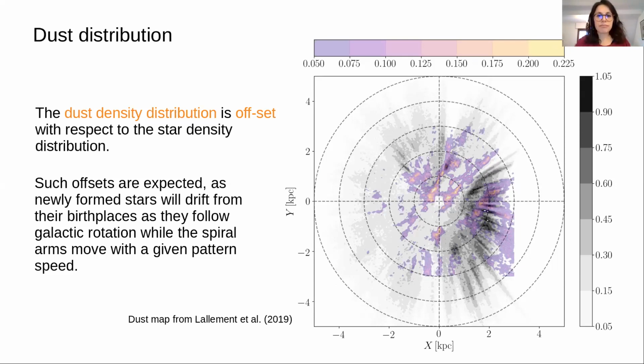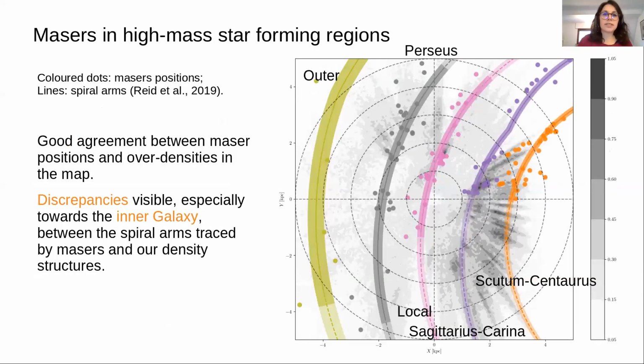And we can also compare our distribution, for example, with the distribution of the masers and the spiral arms positions by Reid et al. 2019. So in this plot, again, the grayscale represents the distribution of OB stars, and the dots correspond to the masers, while the lines correspond to the fit to the spiral arm positions, and their thickness is proportional to the width of the spiral arm.